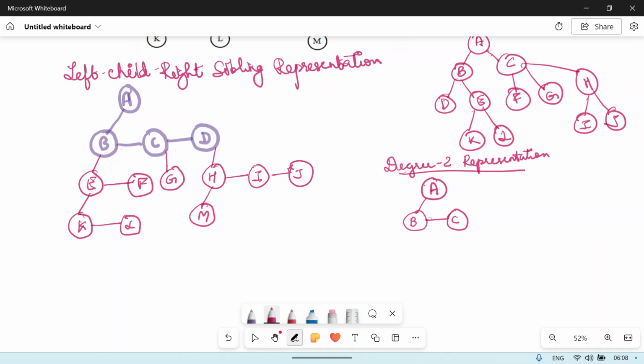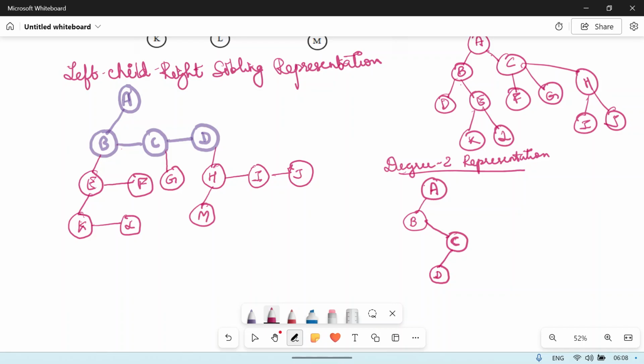Now what you have to do is tilt that one 45 degrees towards the right. So this is how it is going to look. Are you getting it? And then its child, because it is only one, will remain as it is.